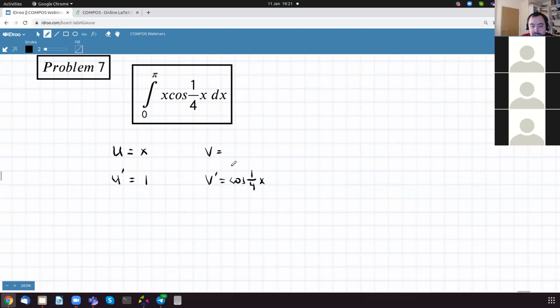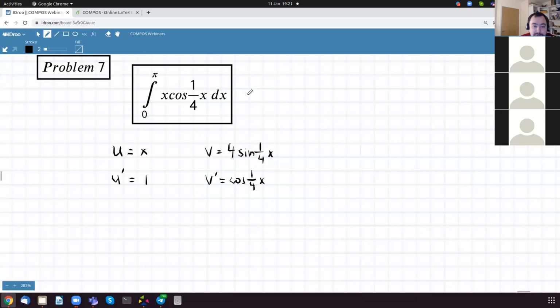So which function, when differentiated, gives you cosine 1/4 x? Well, it's going to be sine, definitely. And it's going to be 4 sine 1/4 x. If you differentiate this function, you get this function. You can check that because this is the derivative of this is that.